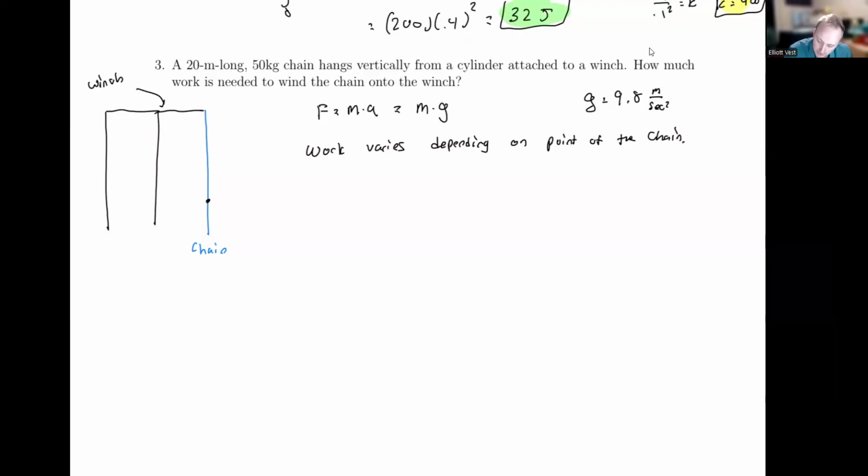So the strategy is going to be, instead of thinking of it as points, you've got to think of it as slices. Slice the chain into, I like saying, itty bitty pieces. Like so. So let's slice it like that.